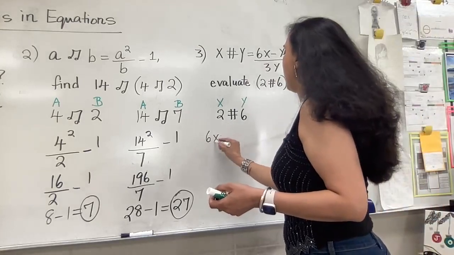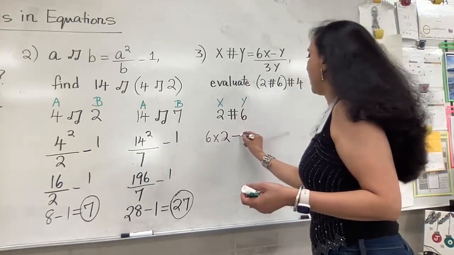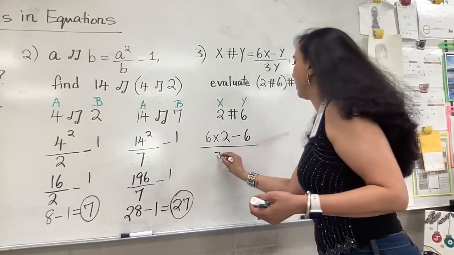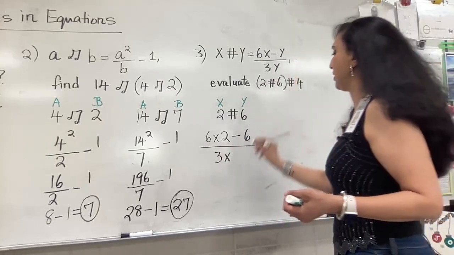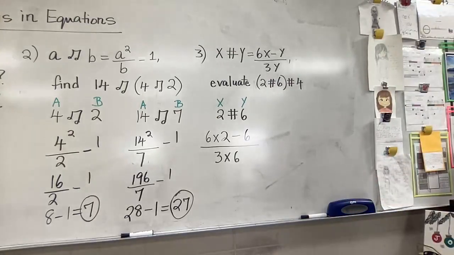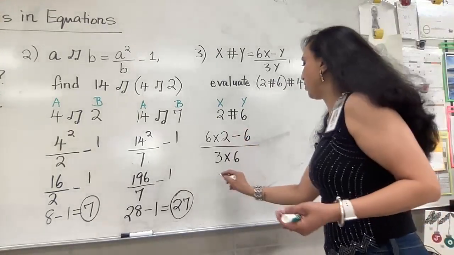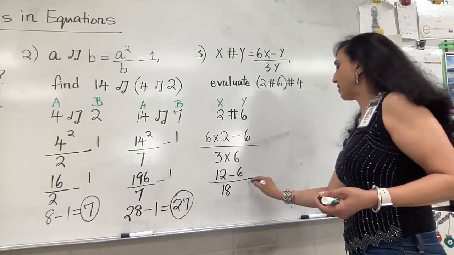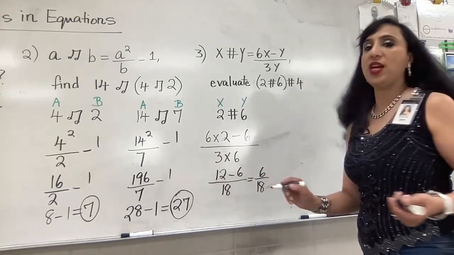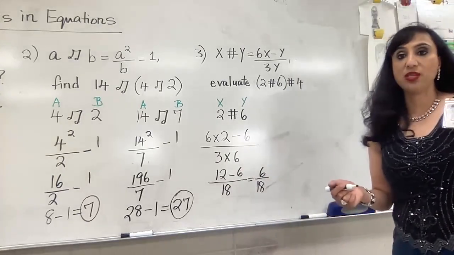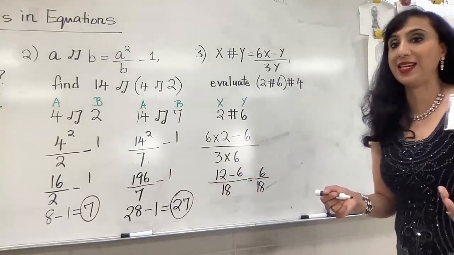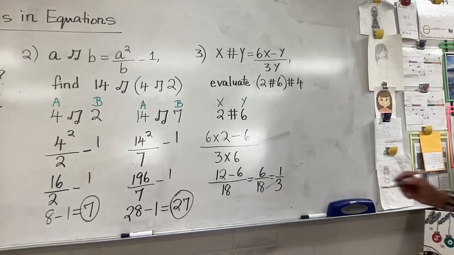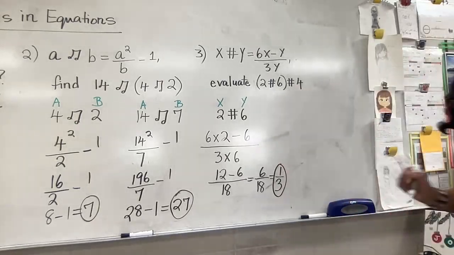So 6 times x, which is 2, minus y, which is 6, over 3 times y, which is 6. 6 times 2 gives me 12 minus 6, and 3 times 6 is 18. 12 minus 6 gives me 6 over 18, which I simplify by dividing the numerator and denominator by 6. So I get 1/3 for what's within the parentheses.